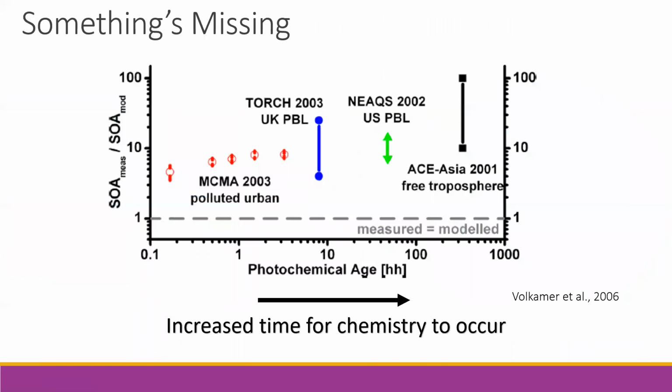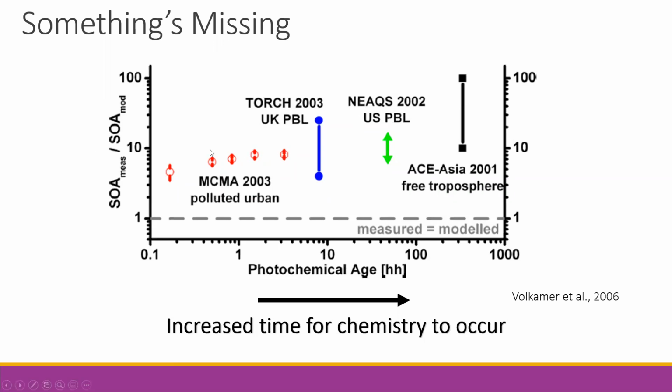But the problem is, despite significant progress in understanding the formation of secondary organic aerosols, we're missing a significant fraction using this framework. This plot shows the measured secondary organic aerosols found in the atmosphere divided by the secondary organic aerosols that can be predicted by chemical models.